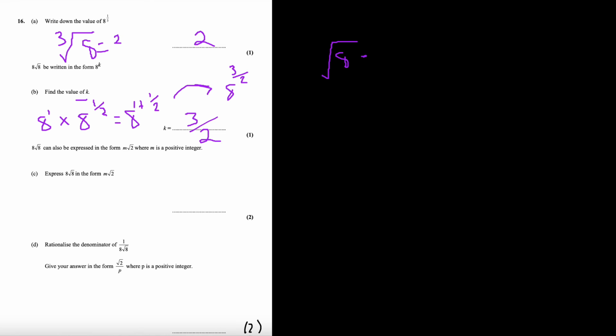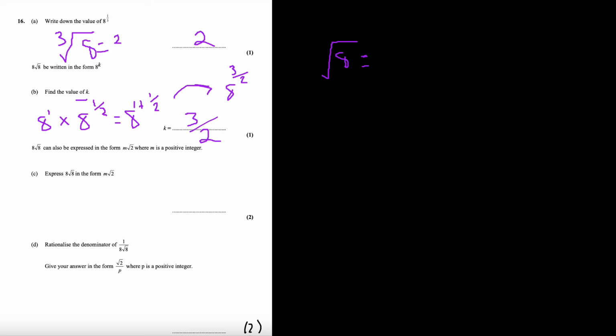Like root 2 is a surd, root 3, root 5, root 7, root 10, root 11. This is because the answers on the calculator are not whole numbers, so they go on forever essentially.